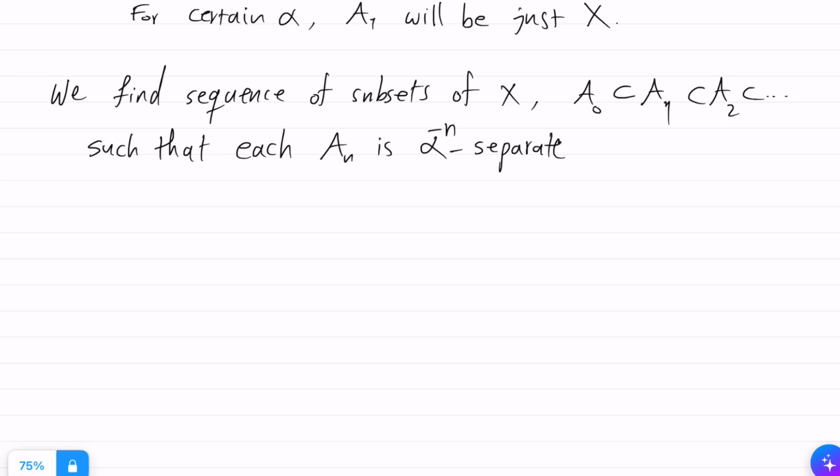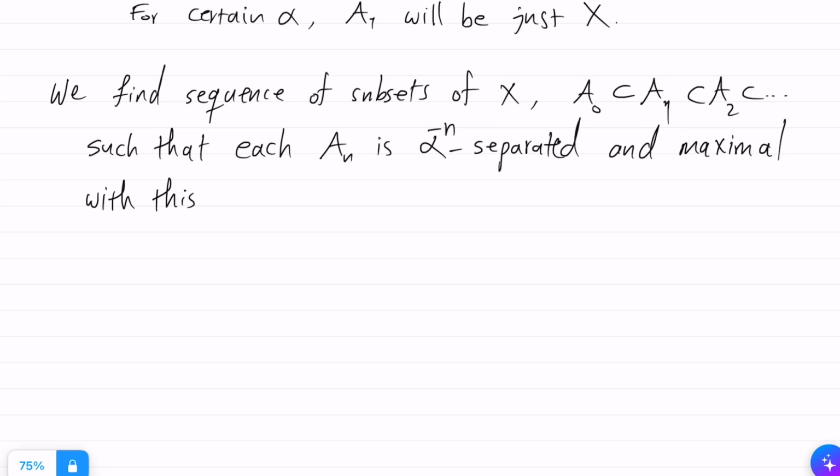So they become finer and finer, and that usually means you need to add more points to your sets, but not always, as I will show in an example, and maximal with this property. These An are definitely not unique.